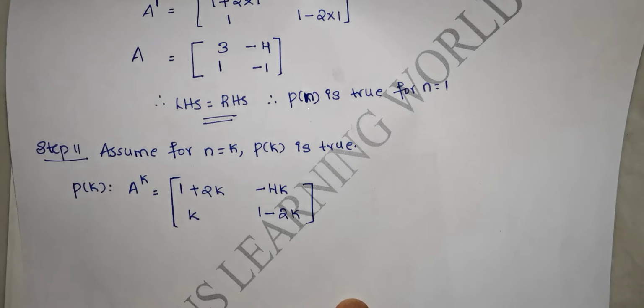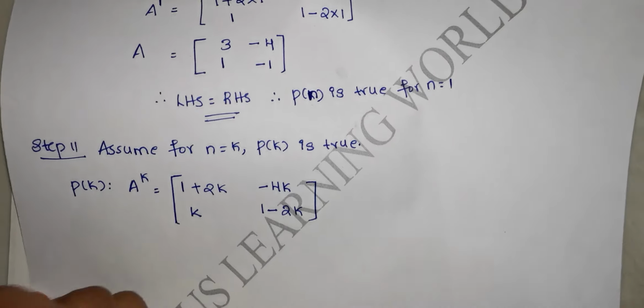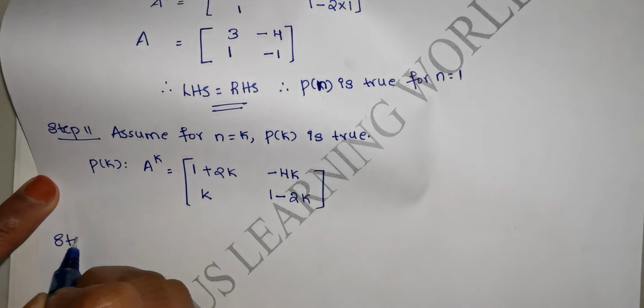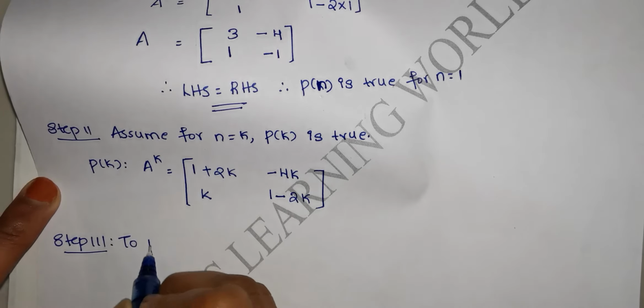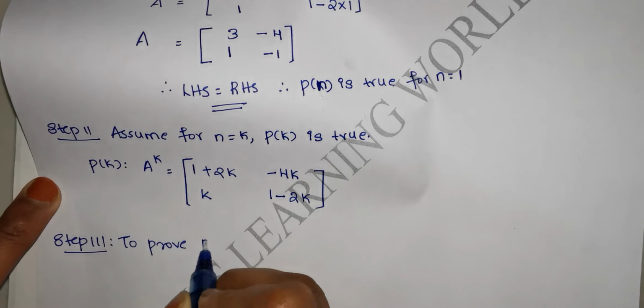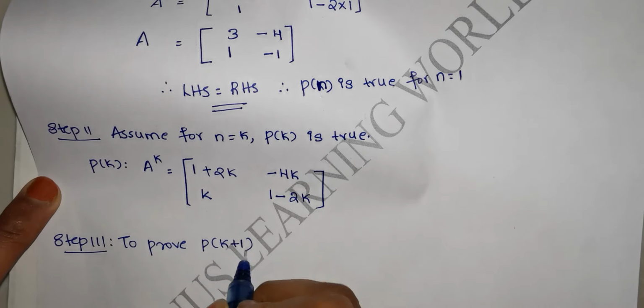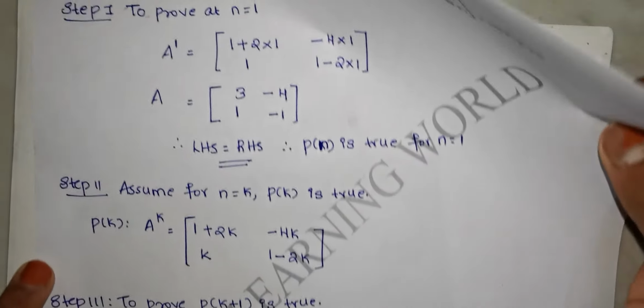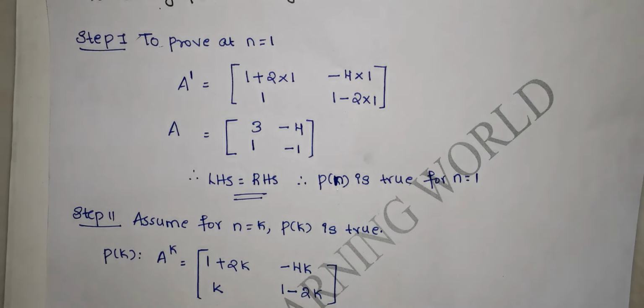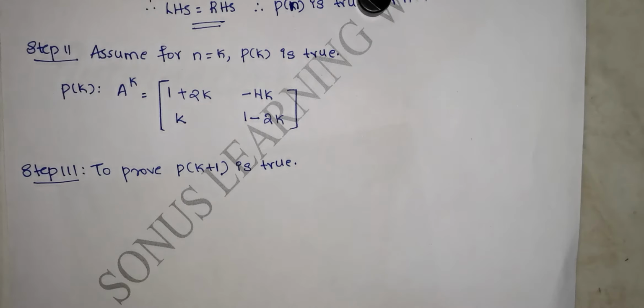So what is the next step? Step 3: to prove P of k plus 1 is true. So we are going to prove that P of k plus 1 is true. What is P of k plus 1, students?